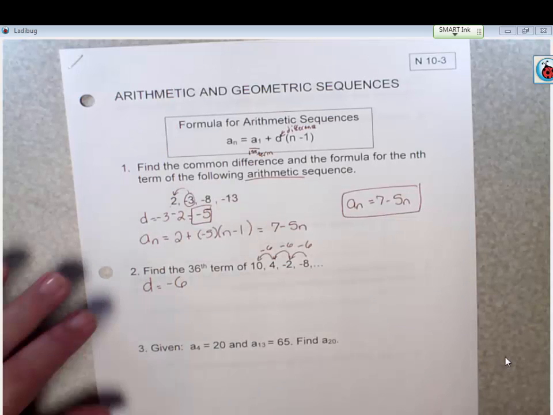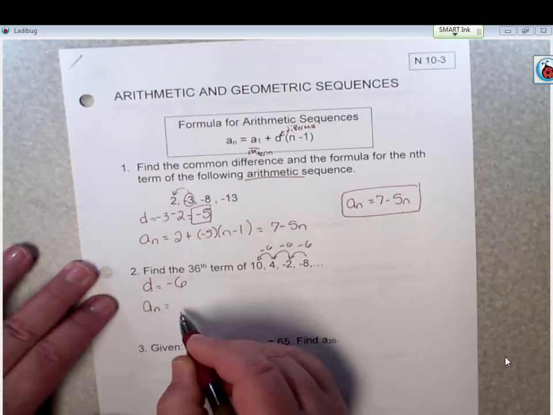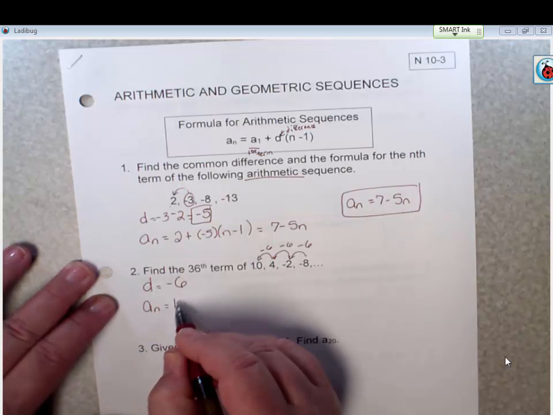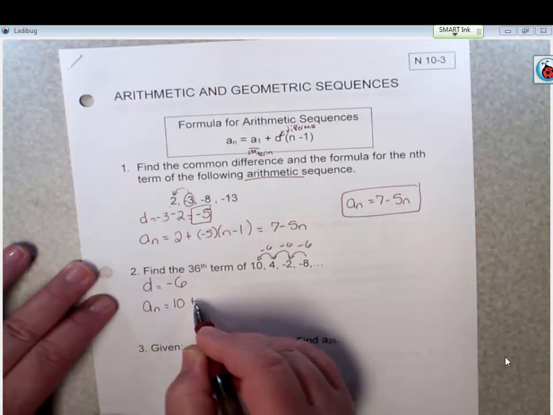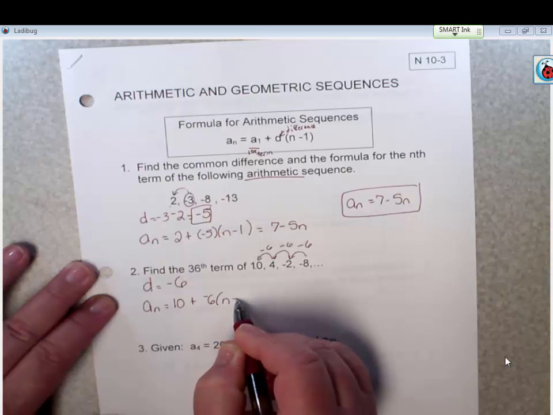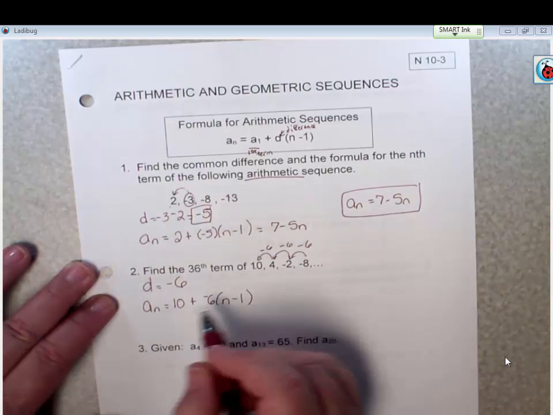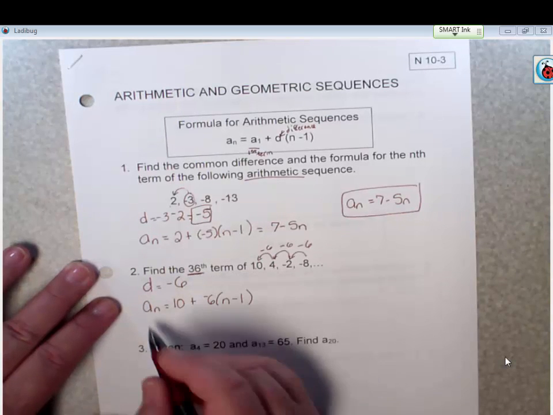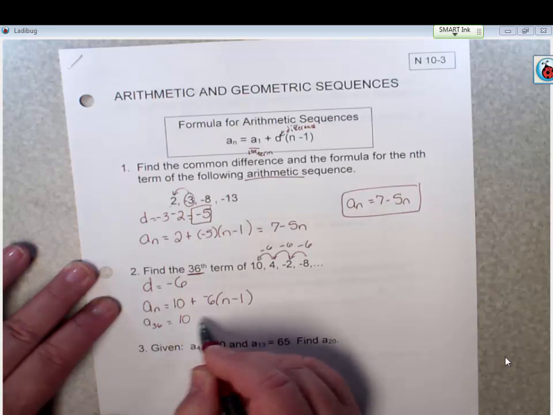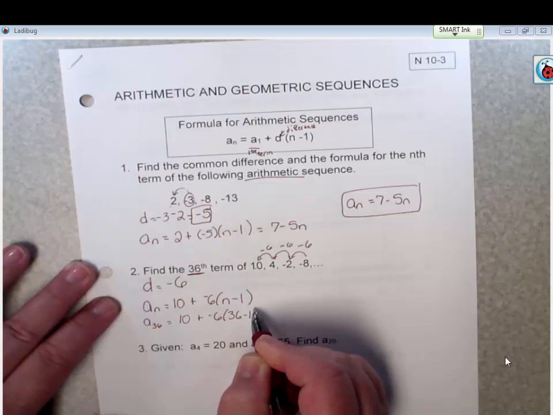And then if we do our formula, it would be a sub n equals a1, which is 10, plus negative 6 times n minus 1. Okay? So we want the 36th term, so this would be a sub 36 equals 10 plus negative 6 times 36 minus 1.